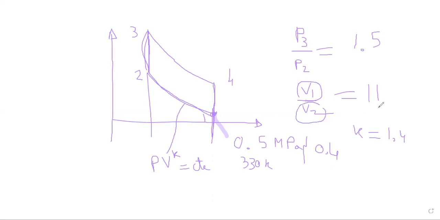So V2 is simply V1 replaced by 0.4, giving 0.4 over 11. So the volume at this point is 0.4 liters over 11.